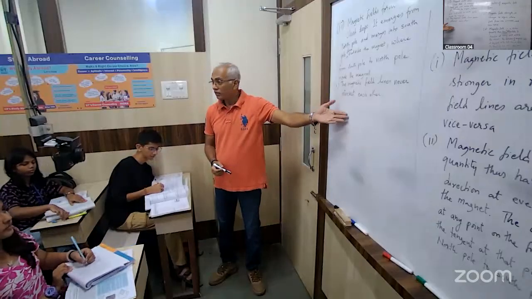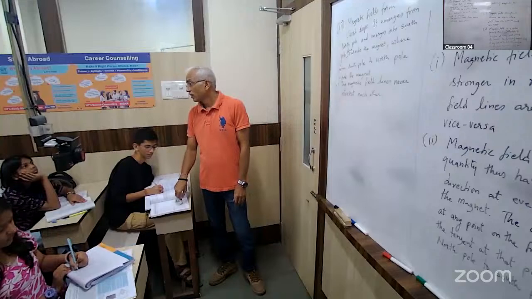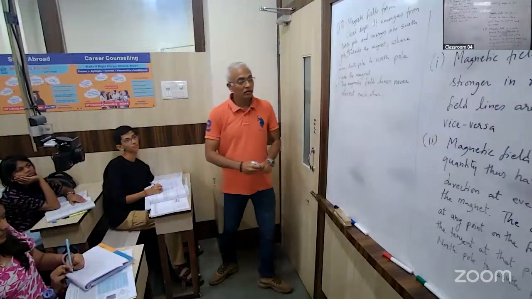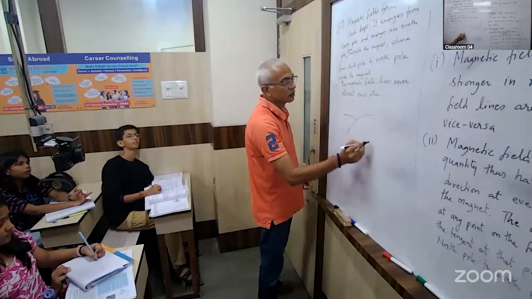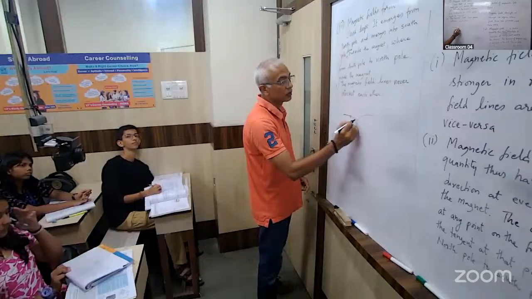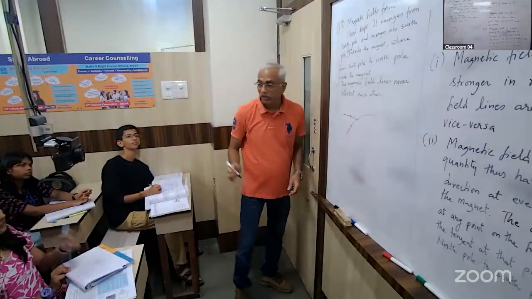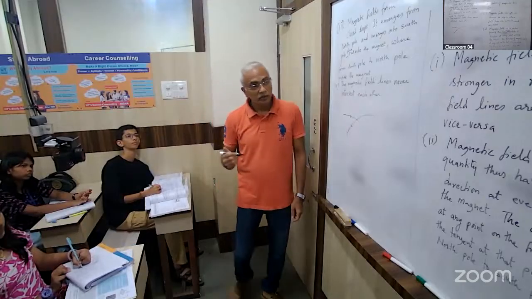Now why so? Because of two directions at the point of intersection. Let us say the field lines were going in this direction. At the point of intersection, there will be two tangents possible. But what did we say?